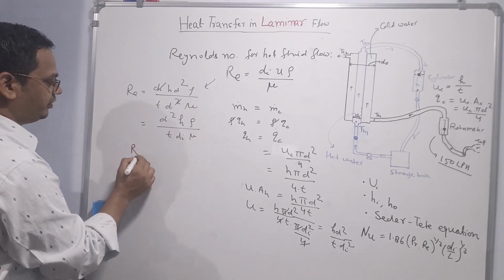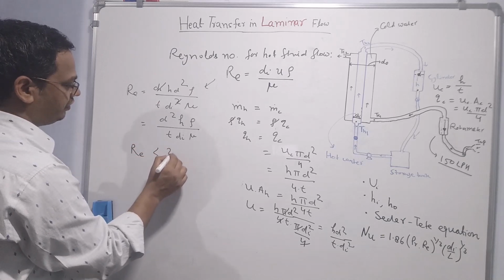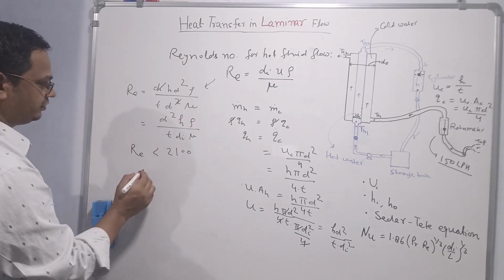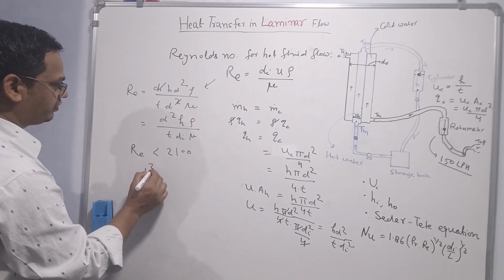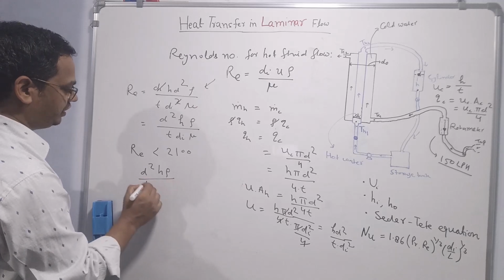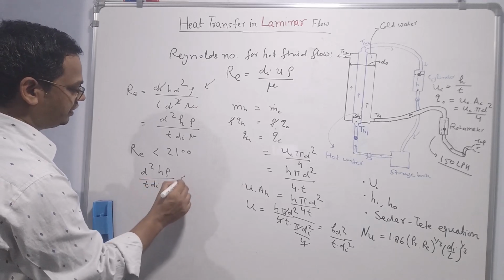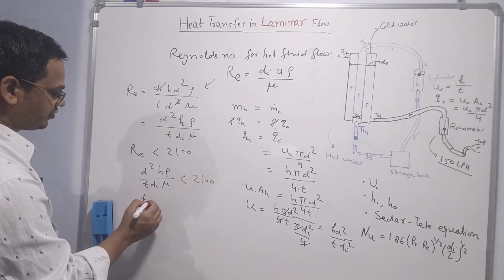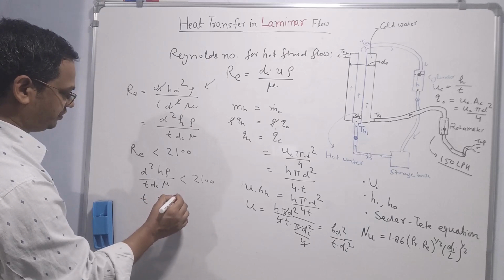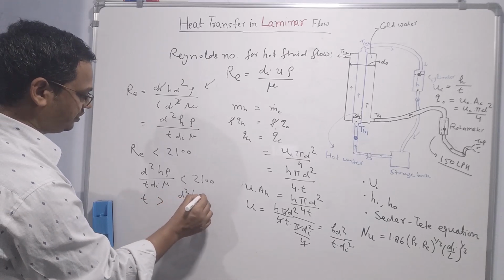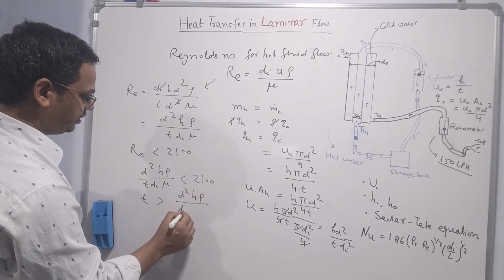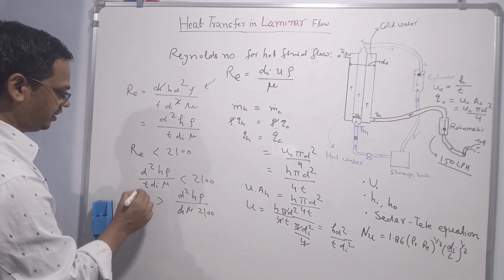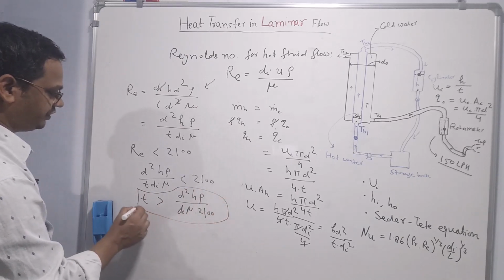The Reynolds number for laminar flow should be less than 2100, so this can be put at this place: d square h rho by t Di mu less than 2100, or t should be greater than d square h rho by Di mu into 2100. So time should be greater than this value.